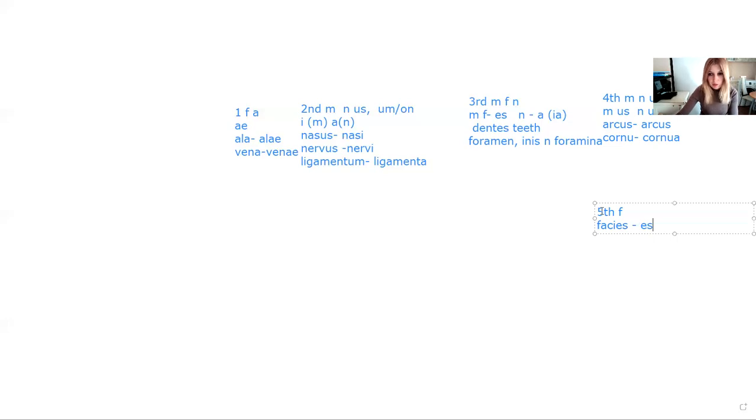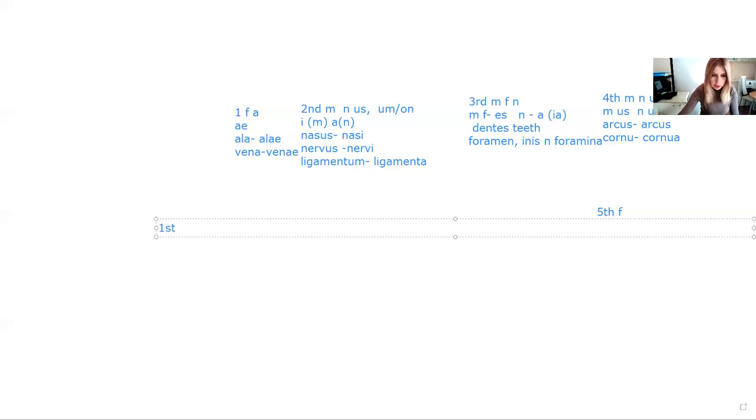Nothing has changed. It's about nouns. As you know, we also use adjectives in anatomical terminology. Adjectives will have plural endings too, in case our noun is plural. We have the first group of adjectives.